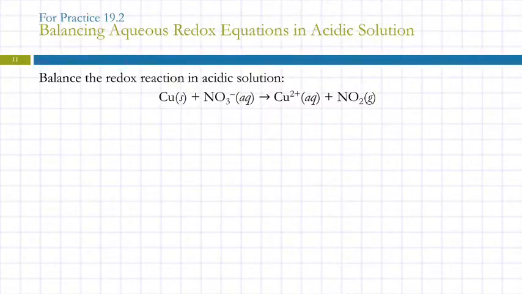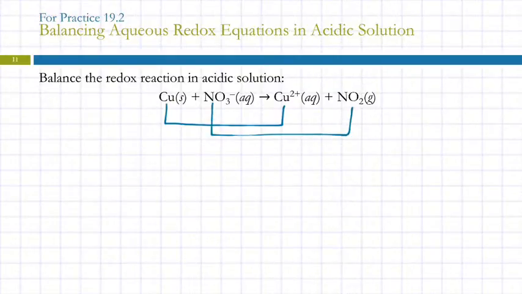Well, I'm going to skip the whole oxidation state one on this, just because I feel like it. Obviously, the copper and the copper ion have to be together, and then this guy and that guy have to be together. Do we really need to know what's oxidized or reduced? We actually don't. We can just write the half reactions.